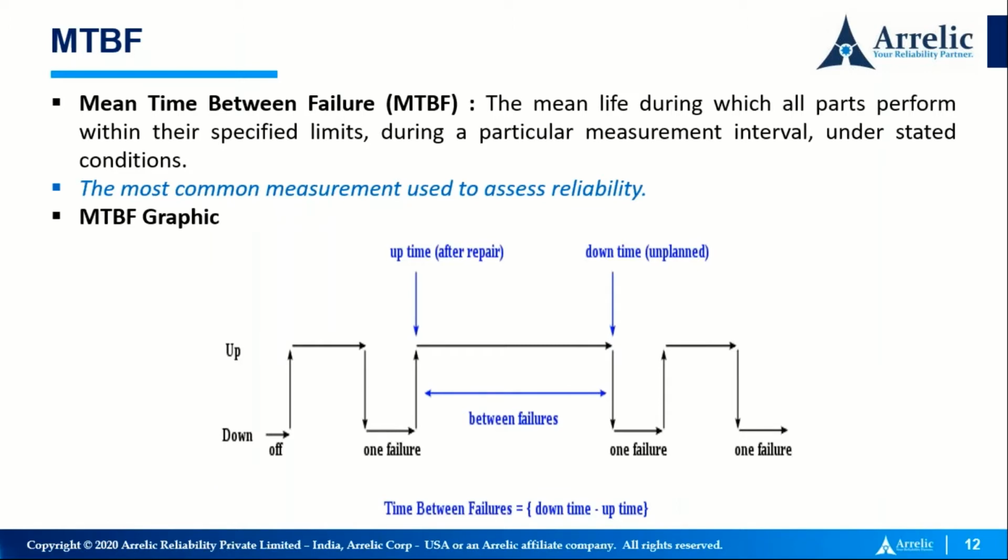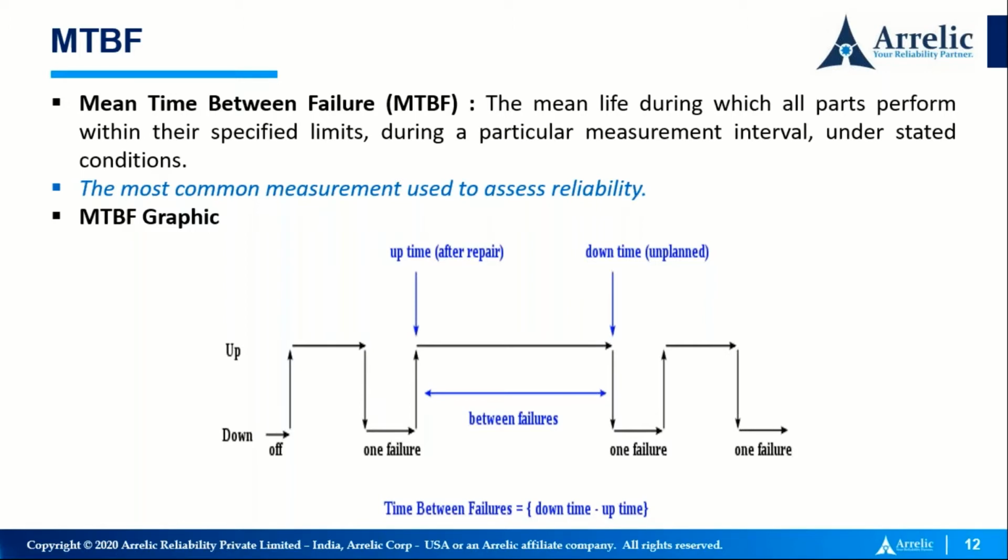Now we explain mean time between failure, MTBF. It is the mean life during which all parts perform within their specified limits during a particular measurement interval under stated conditions.